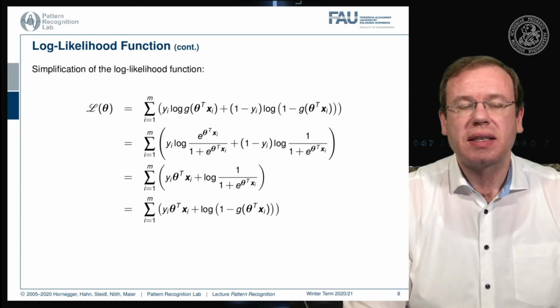So this is already a simplification, and now you can see with this particular log likelihood function, I have two further observations that I want to actually hint you at.